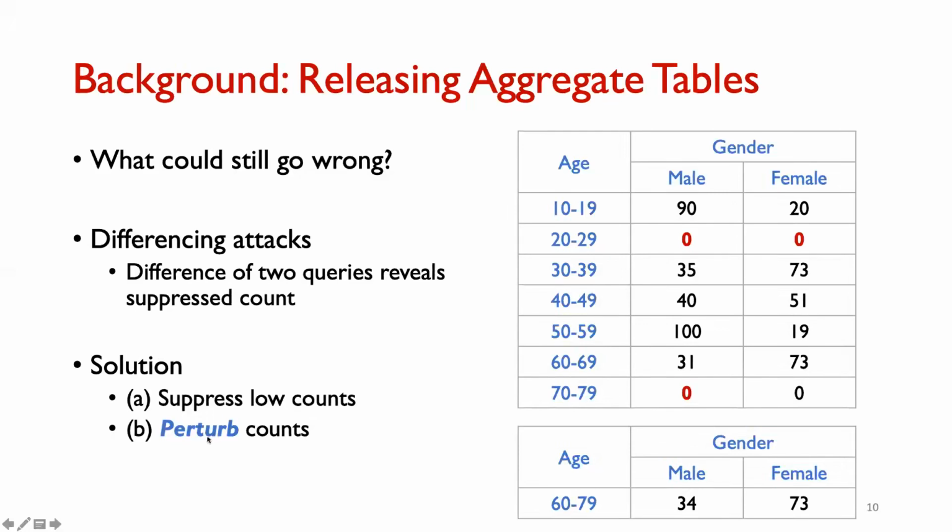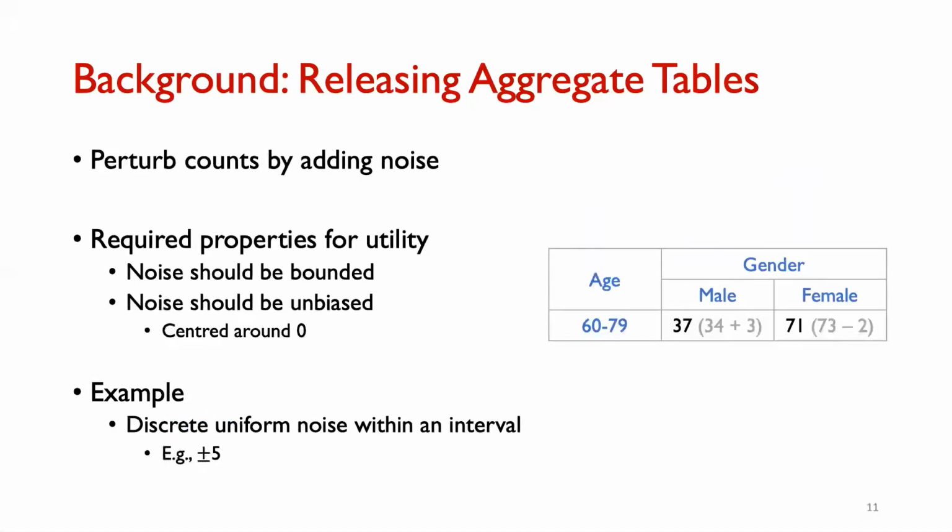So the solution to this is to perturb high counts. More precisely, counts could be perturbed by adding noise. For utility, the noise needs to have certain properties. It should be bounded because otherwise the noisy answers could deviate arbitrarily from the true answers.